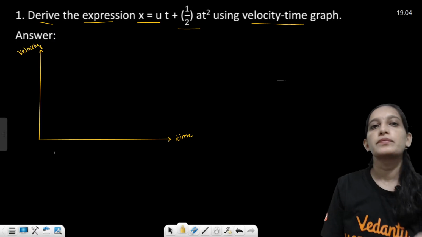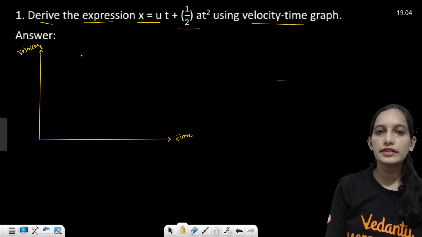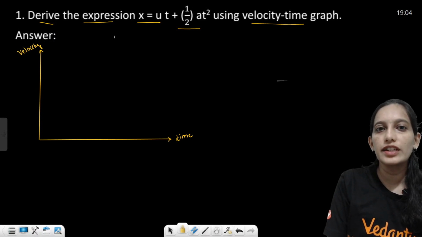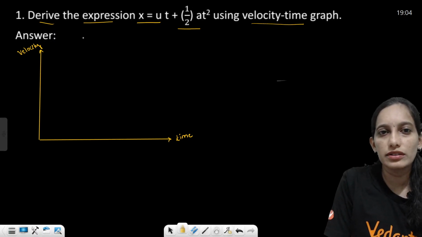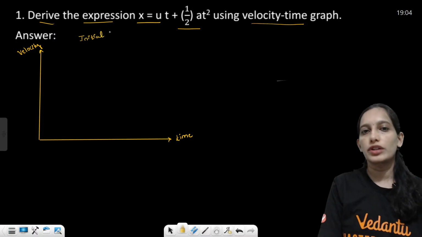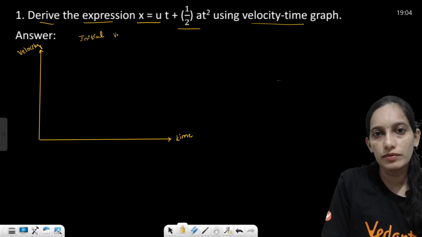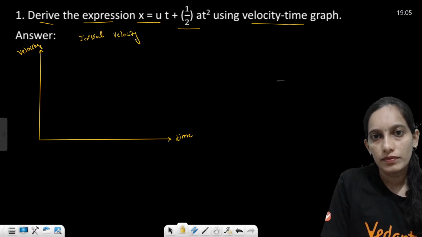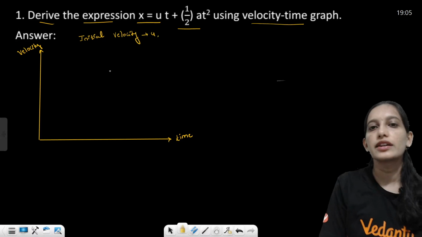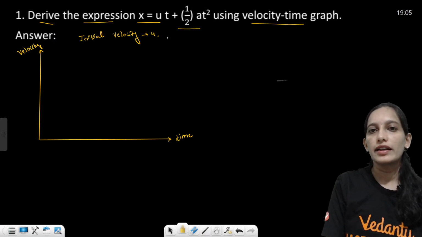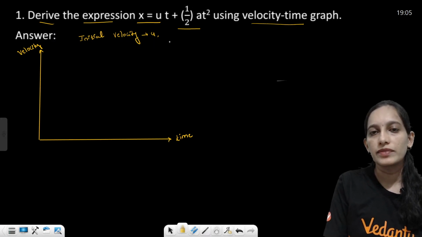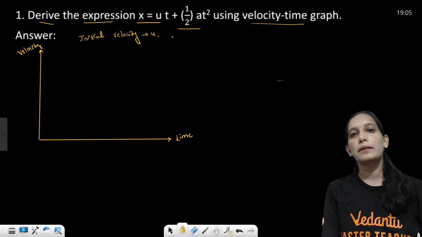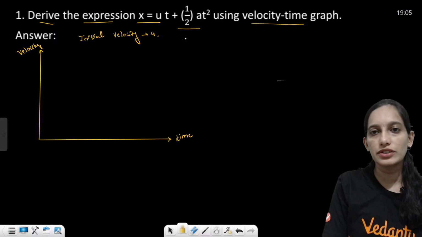Let us assume the initial velocity as u. Those are the usual notations which we are choosing. So initial velocity, I'm taking it as u. And after some time t, let us say the particle is reaching a final velocity v.